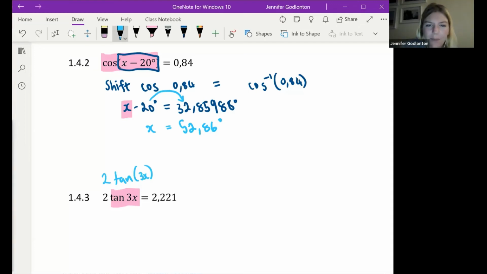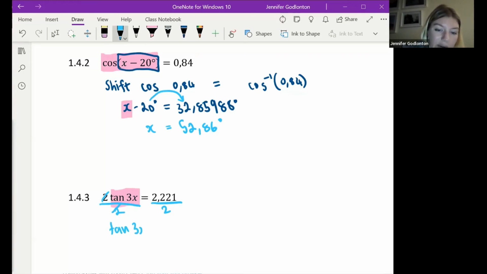Okay, so first step is we need to get rid of this 2. The 2 is in our way, so first things first, let's divide by that 2. Those 2's cancel, so I land up with tan 3x is equal to 2,221 divided by 2, which gives us 1,1105. Now remember, when you're working, don't round off your decimal places. You only round them off right at the end when you have your final answer.